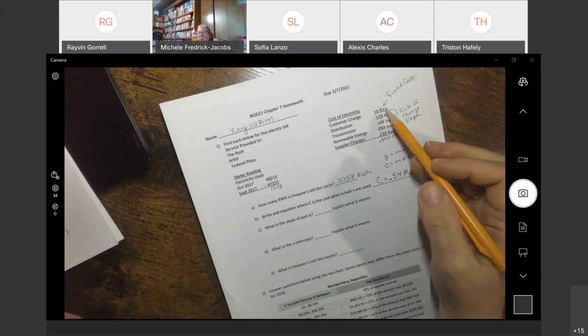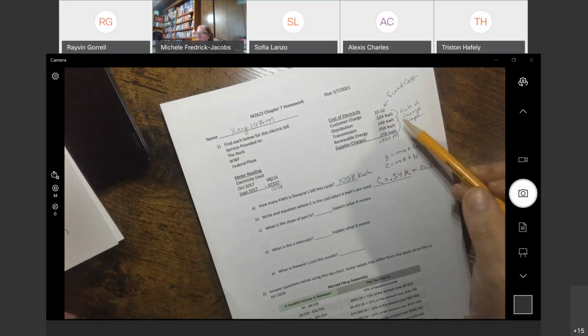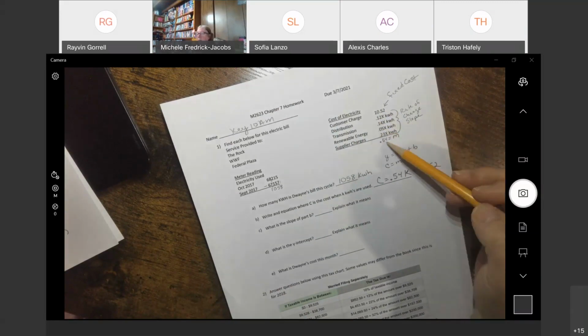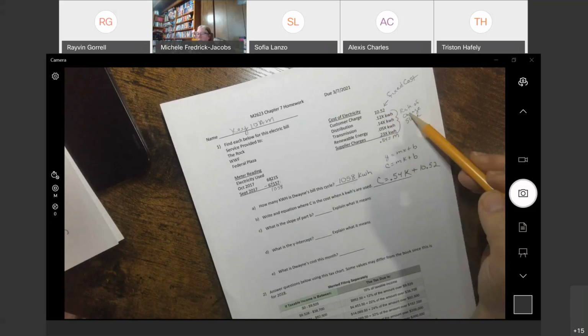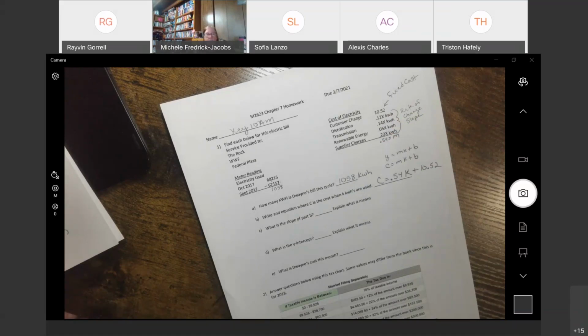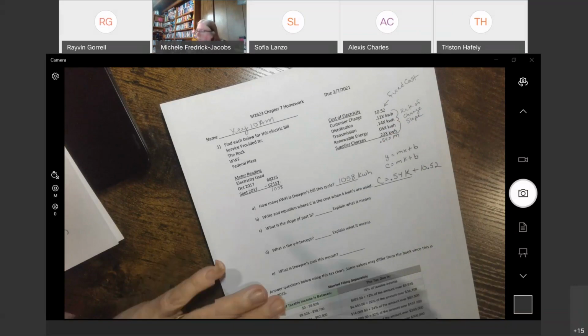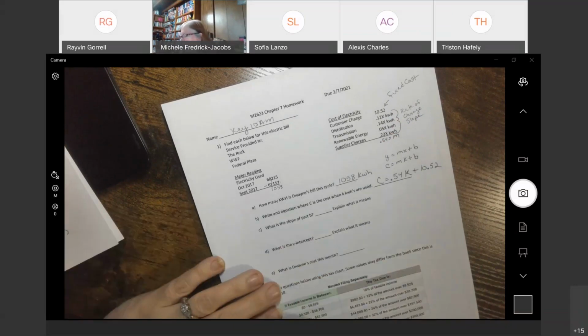It is always $10.52. These costs depend on how many kilowatt hours you use, and so they make up your slope. Any questions on that part? And our rate is our slope. Yes. Mm-hmm.